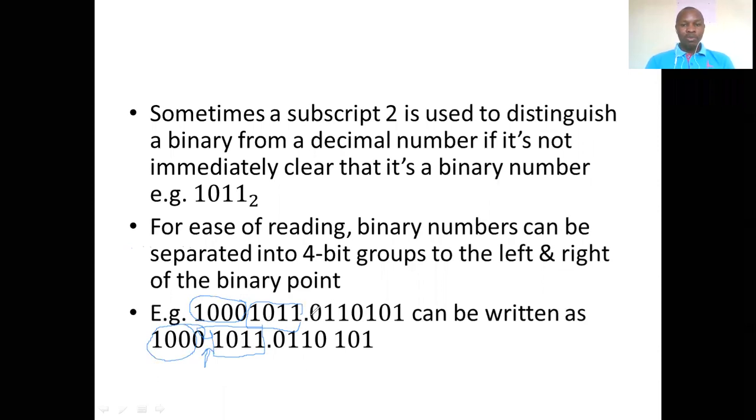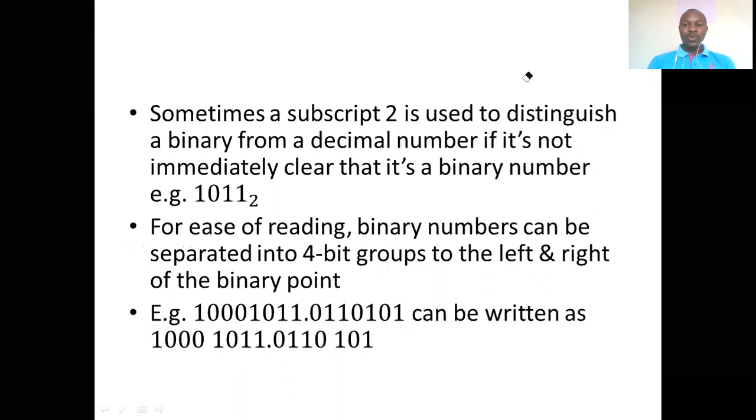Now, starting from the binary point again, going to the right, we again group them in groups of 4. So we take these 4 bits and we have them here. Then we insert space and we take the next 4 bits. If we no longer have enough bits, we just take the remaining bits. So in this case, we only have 3 remaining bits, and then we have them grouped together like this. So this is only done to make sure that the numbers are easier to read.